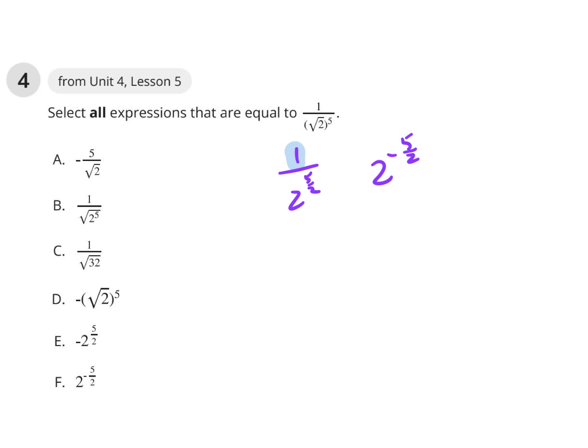So let's look at what our options are. So A doesn't work. B works. Two to the 5th is 32, so C works. And F works.